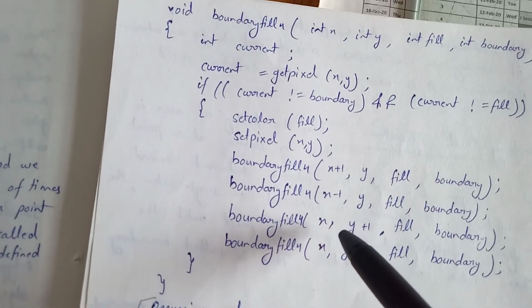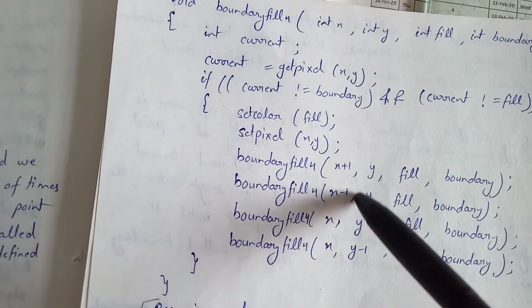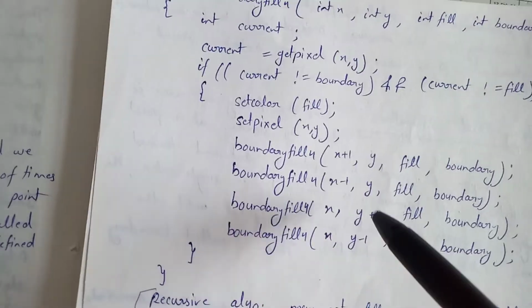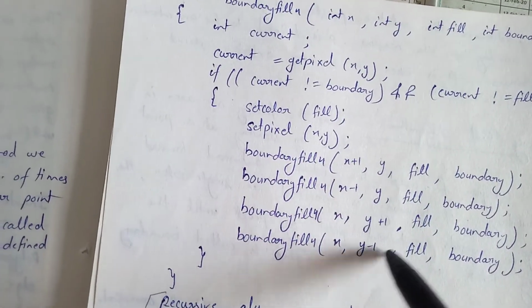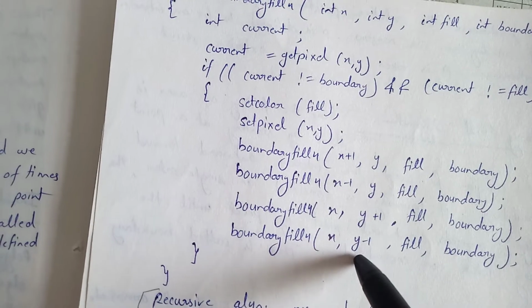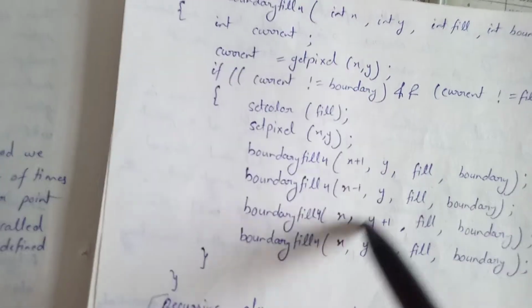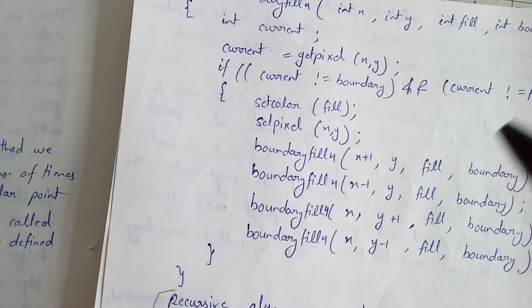If the object is complex, then fill the object according to the 8 connected strategy. The strategy is similar, but the points we have taken here are only left, right, bottom, top pixels. In case of 8 connected, we also include these 4 points as well as the diagonal points. This is all about the boundary fill algorithm.